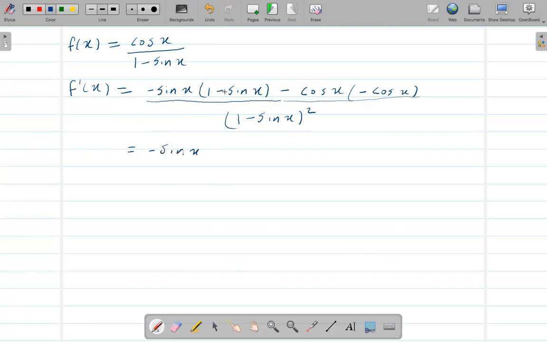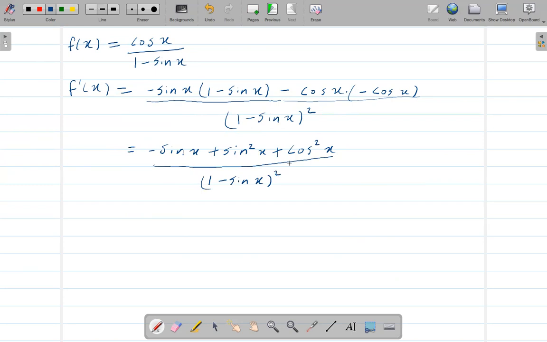Negative sine x times negative sine x is positive sine squared x. Then there is a minus here, and when you multiply it by cosine x, minus and minus give plus cosine squared x, over 1 minus sine x squared.